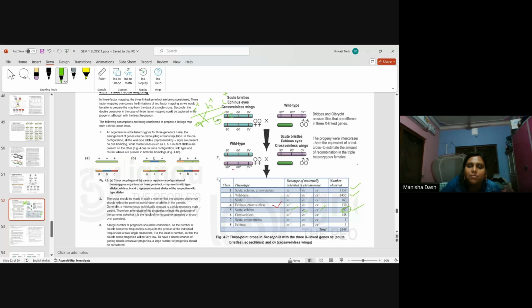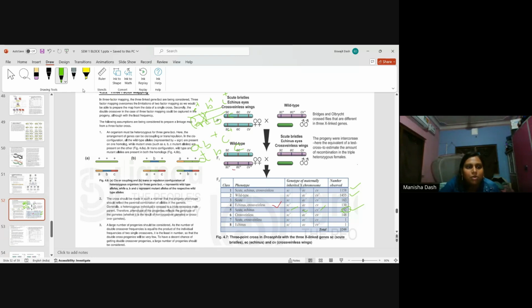Now this A will move to this part and this A plus will come to this one. So the new genotype will be what? A, B plus and C plus. And what is the other genotype? That will be A plus, B and C.